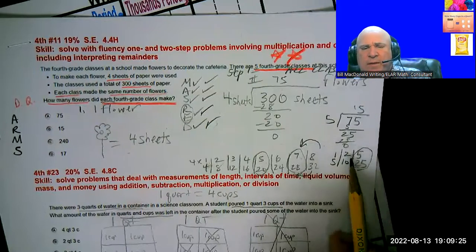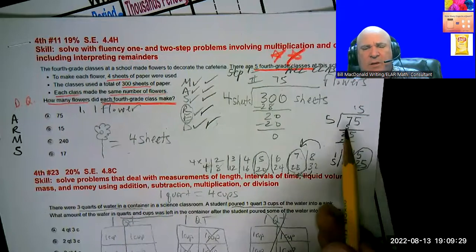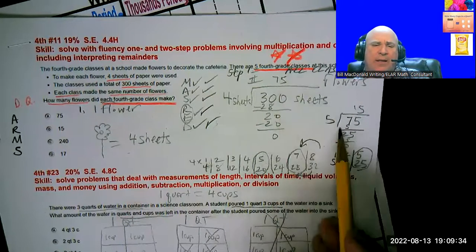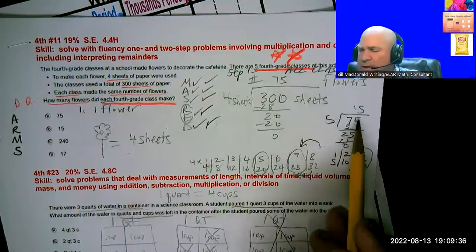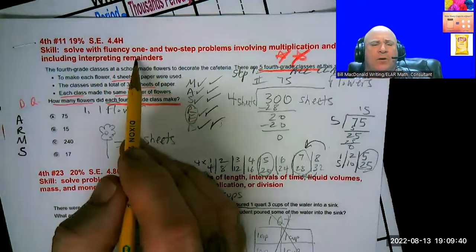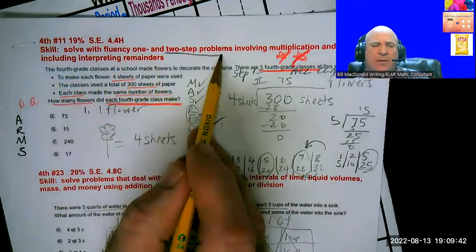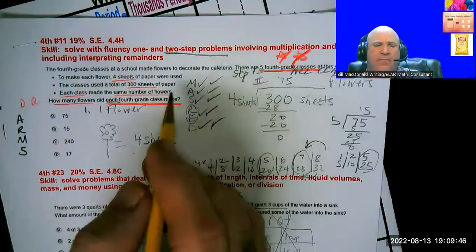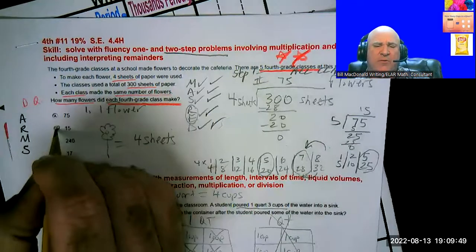So if they asked about all the classrooms, the answer would be 75, yes. But since they were only asking about one classroom, you basically had to divide twice here. So it was a two-step problem, 2 steps of division. The answer would have been 15 flowers for each class.